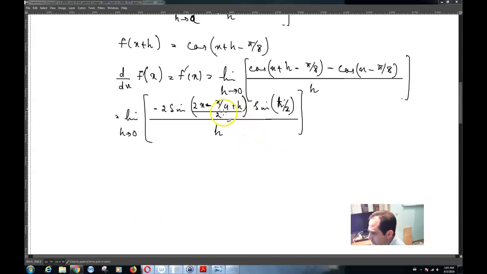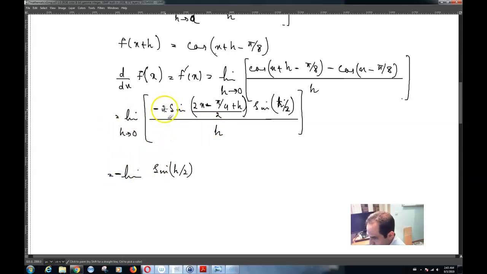So I can write this as the limit of basically sine of h divided by 2. This negative sign, I can take it out.